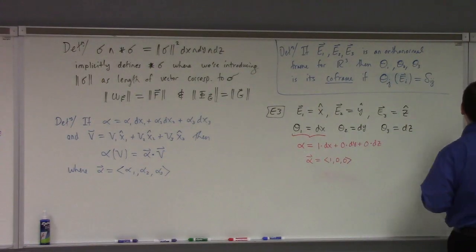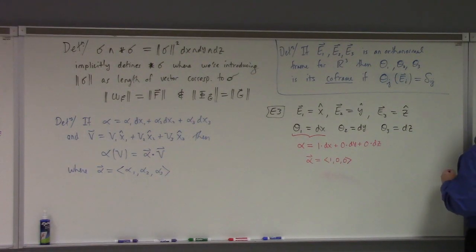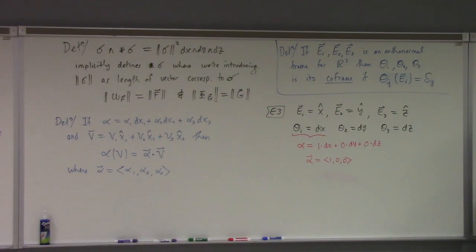And likewise, example 4. If we look at the frame E1 is, let's say, r hat, E2 is theta hat, and E3 is z hat, then some calculations can be done, and you can prove that theta 1 is dr, theta 2 is r d theta, and theta 3 is dz.